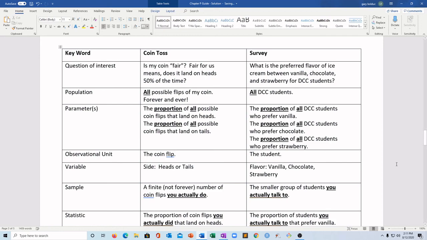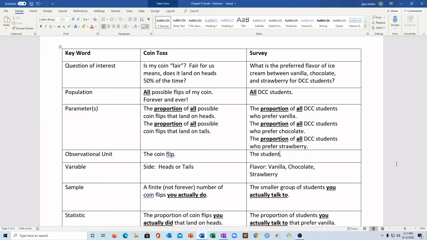Okay, so one observational unit. In order to get data, when you're looking at the coin flips, what do you look at? You look at a single coin flip. I flip my coin, I get heads, all done. Observational unit. On the flip side, the survey. I ask all these people, right? But drill down. I want to look at one single case of this.